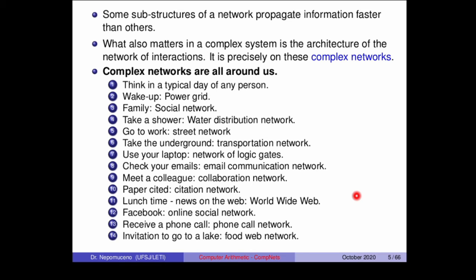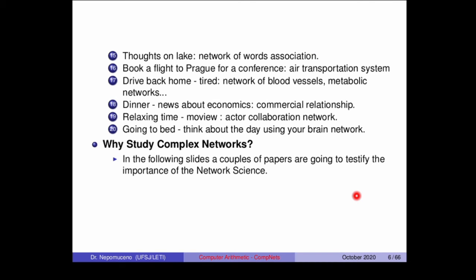You can also have a look at online social networks such as Facebook and others. When you receive a phone call, you make use of a phone call network. If you get an invitation to a lake, you will see there a food web network. Thinking of a lake, you make some association of words as a network of association.